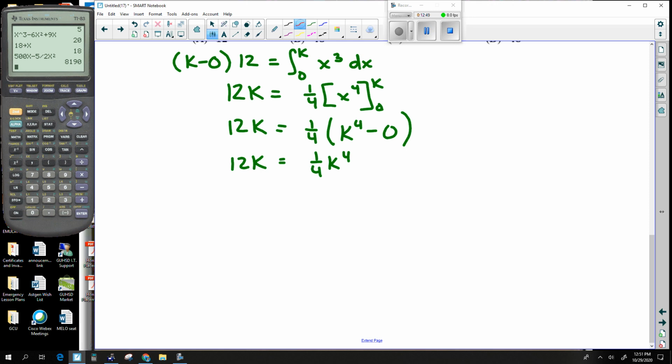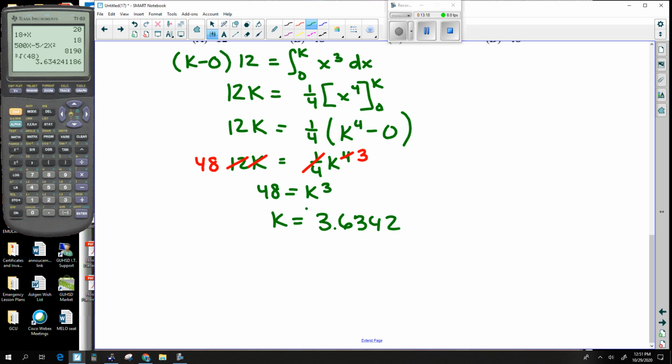So I'm going to divide by k, multiply by 4, so I'm left with 48 is equal to k to the third. So the cube root of 48 is 3.6342. Again, the third root of 48.